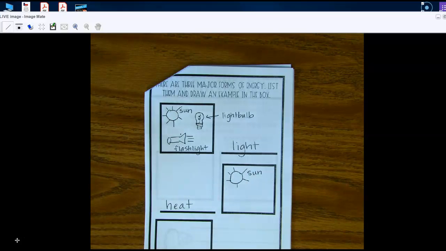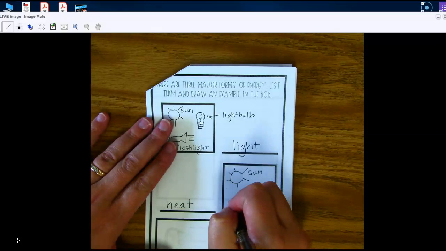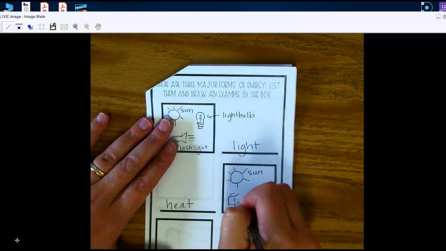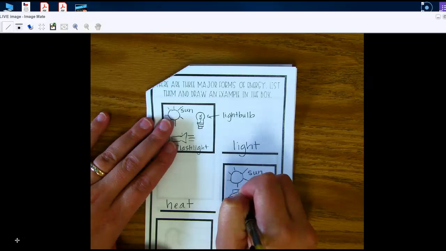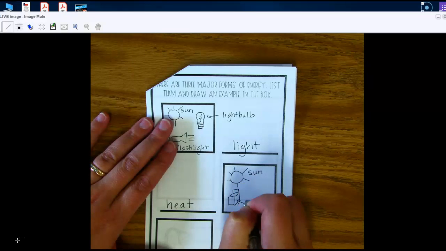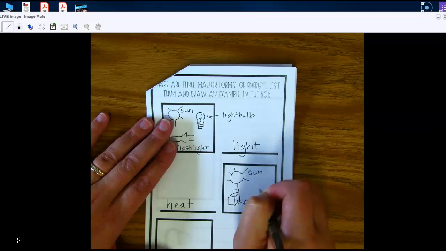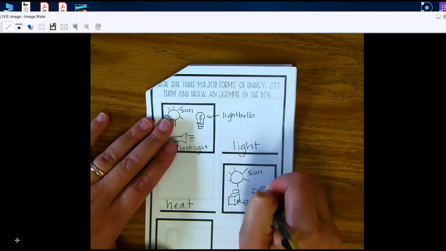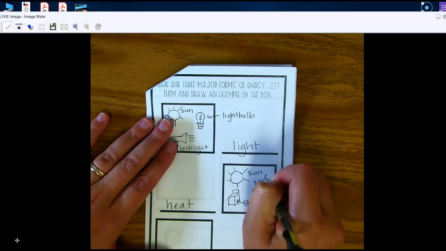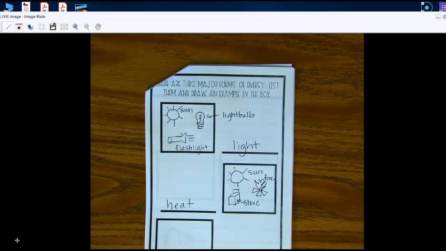What's another thing? A stove. So you could draw a stove. Here's my stove. You can do stove. Or a fire. So here's my fire. Fire or a torch. Yep, you could draw a torch. Or a candle.